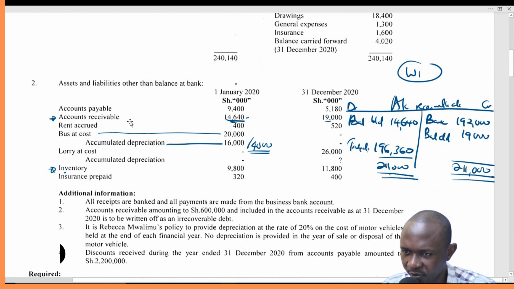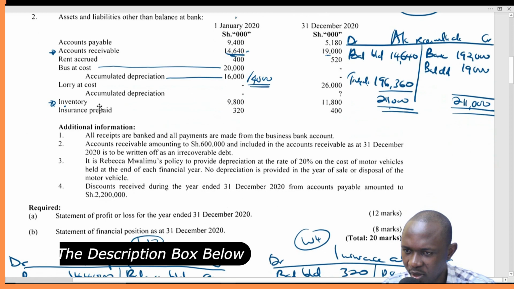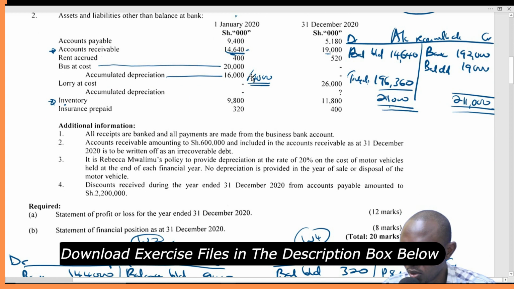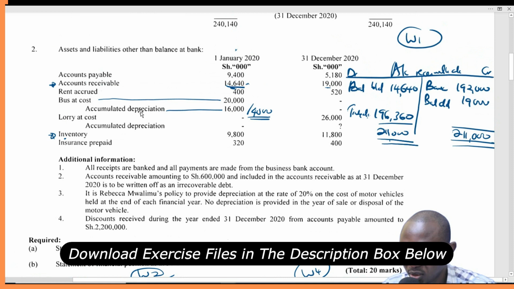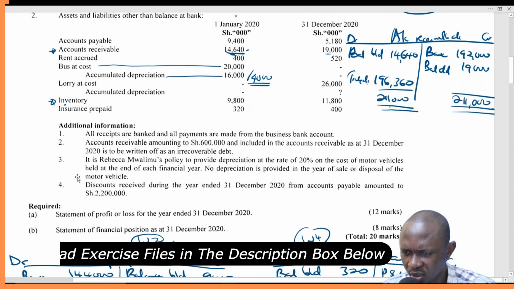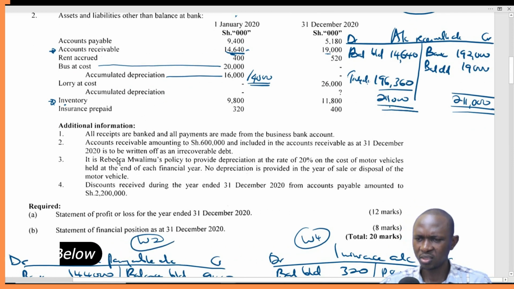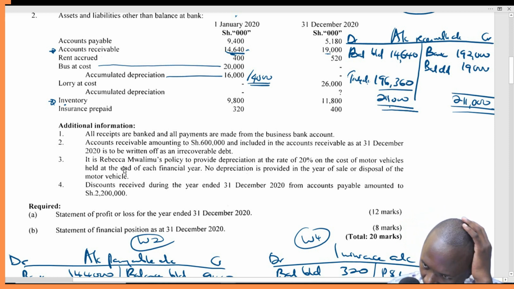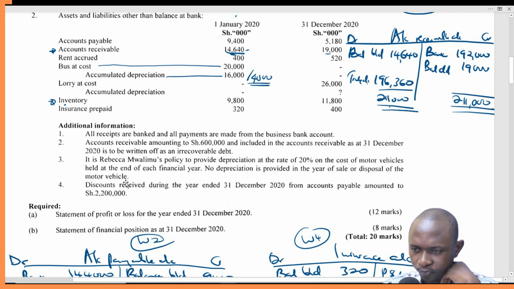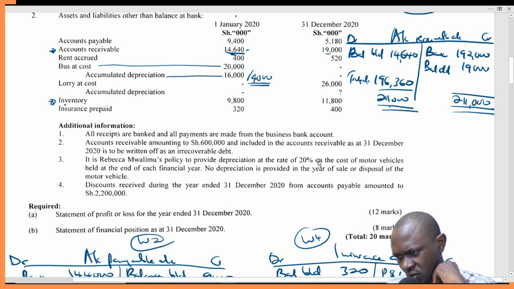Let's check this side. Rent accrued, we are done. Bus at cost, okay, there's something about the bus. The bus was sold this year. There's some additional information here about the bus: it is Rebecca Malimu's policy to provide depreciation at the rate of 20% on the cost of motor vehicles held at the end of each financial year.